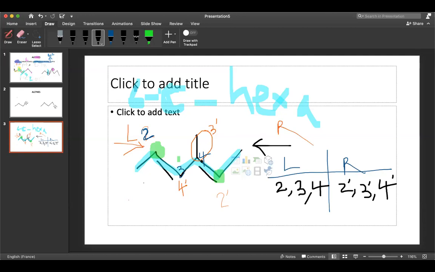What is at position 3 from the left? I think I've made a mistake with the methyl. The second double bond from the left is at number 4. So 1, 2, 3. At position number 2, we have a double bond, which is here.